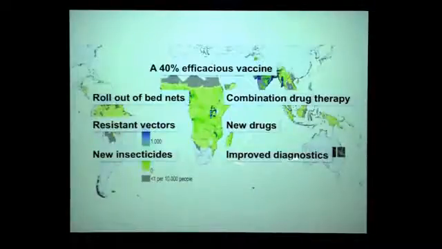And an area I haven't really talked about is this idea of improved diagnostics. One of the key challenges, and I don't say this just as lip service, but I actually believe this is really important, is that our understanding of the epidemiology and diagnostics of the parasite is critical, not only now, but looking to the future. If we do start to control malaria, one of our biggest challenges is to stop it coming back.